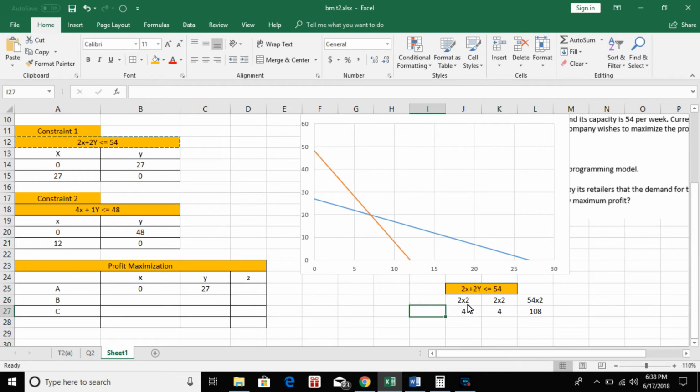So this is the first equation only. Now we will subtract our second constraint from the value which we got with multiplication.